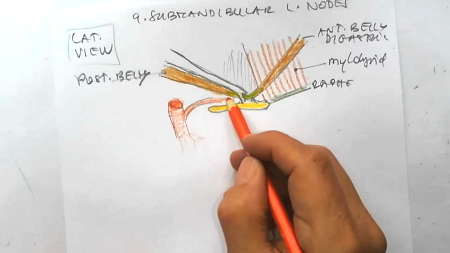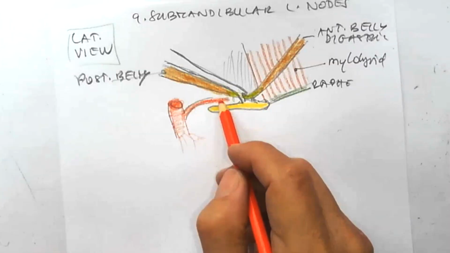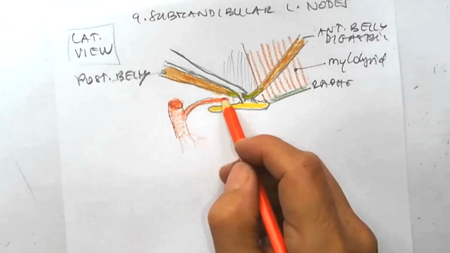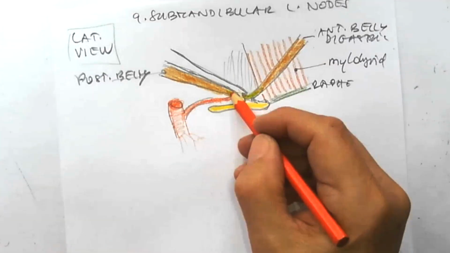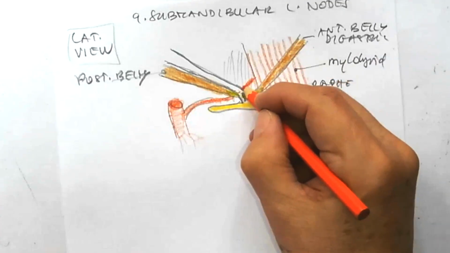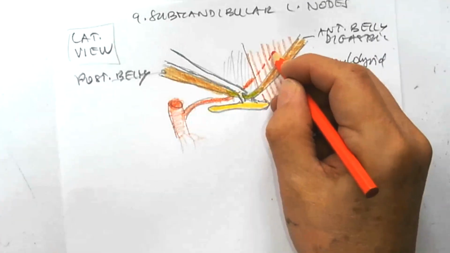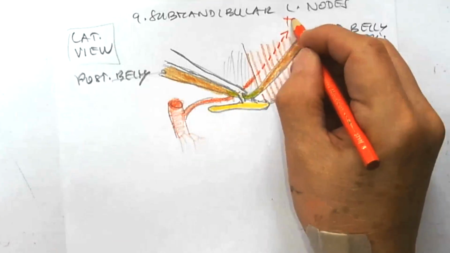Then it goes up, passing between the posterior belly and the greater horns of the hyoid, crosses the structures, passing through the space and ascending towards the tongue.